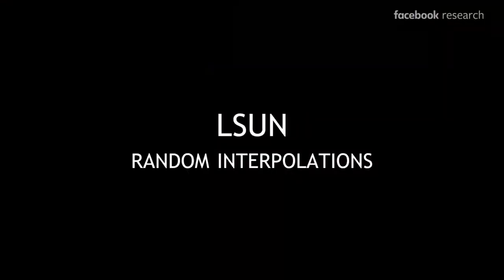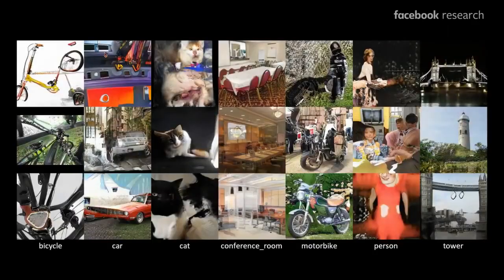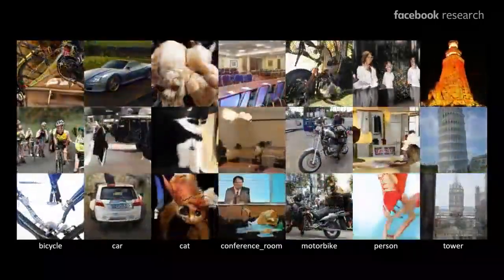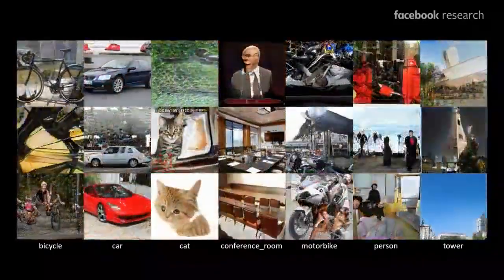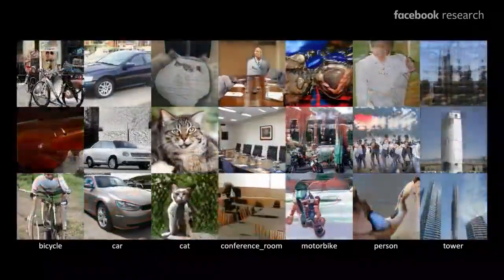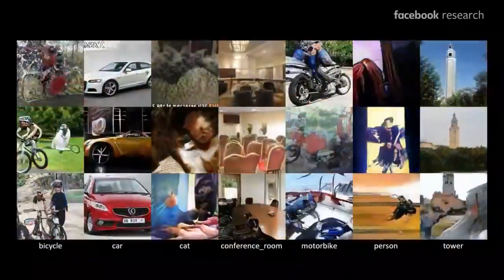We also tested our techniques using the LSUN dataset at 256 resolution. The dataset contains 30 categories, and here I'm showing examples from 7 categories. I should emphasize that this dataset is extremely challenging because there's immense amounts of variation in all of the categories.